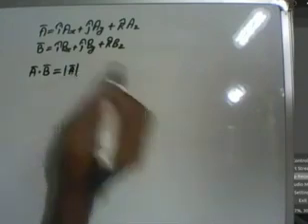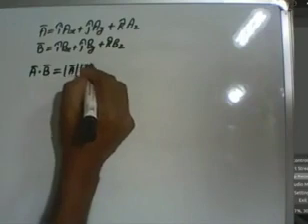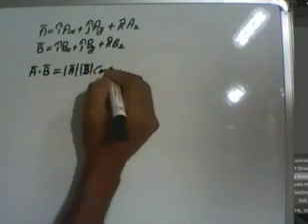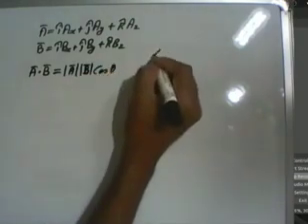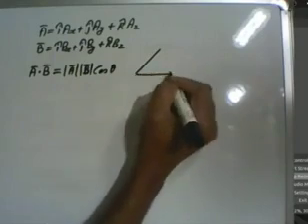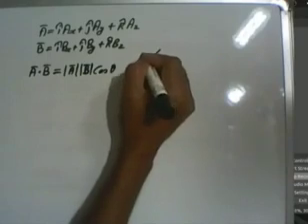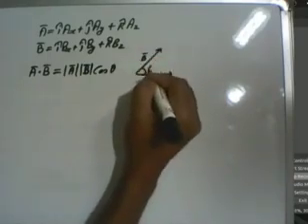So magnitude of the vector A multiplied by the magnitude of the vector B into the cosine of the angle between the vector A and B. Let us say this is vector A, this is vector B. The direction of the two vectors makes an angle theta.